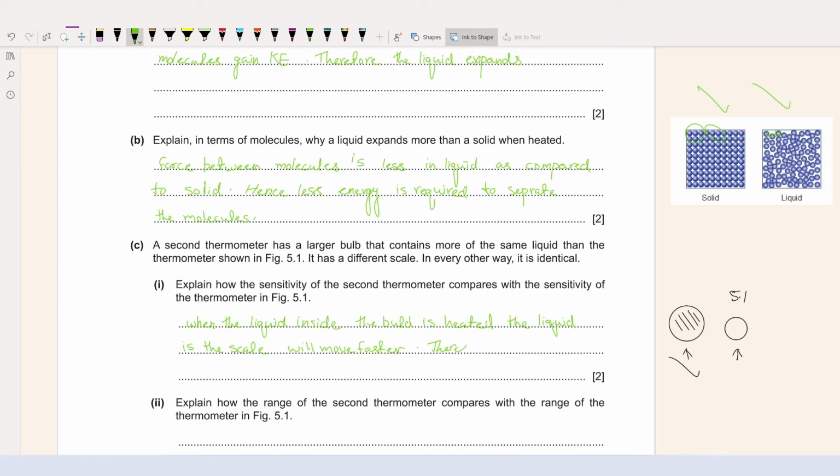Therefore, the second thermometer has more sensitivity.